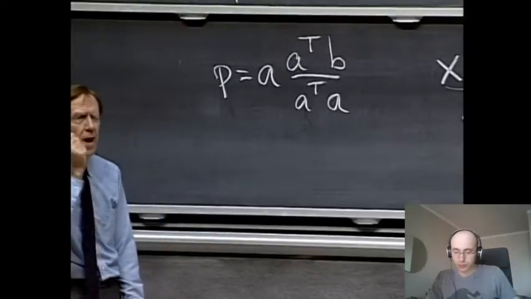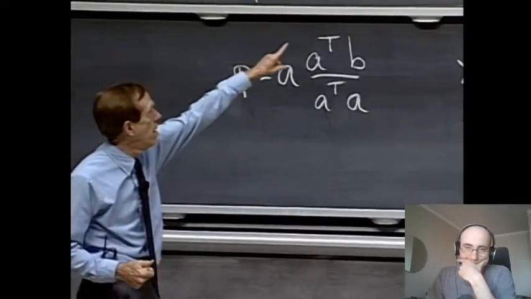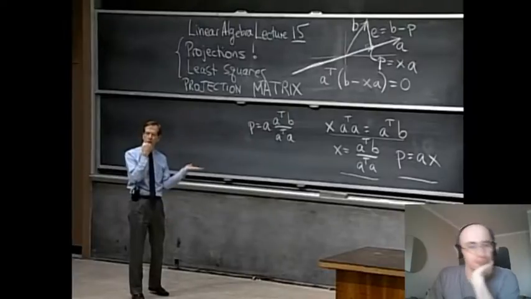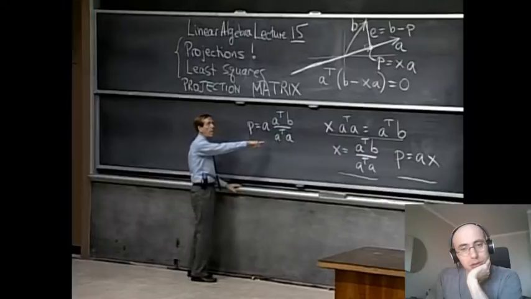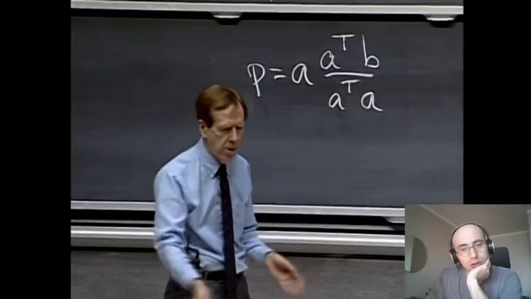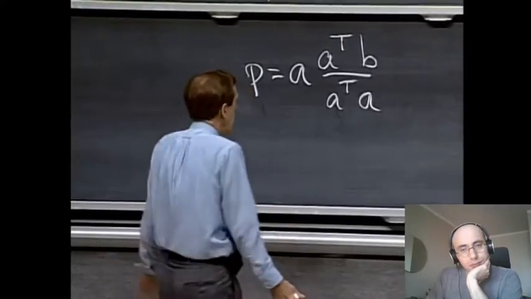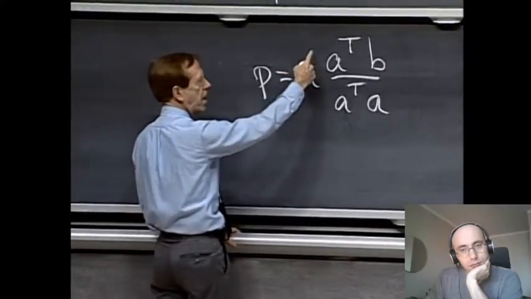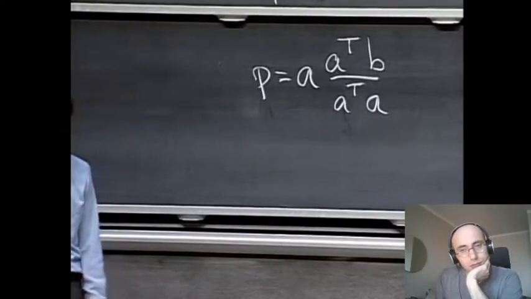Now, what about if I double A? What if I double the vector A that I'm projecting onto? What changes? Nothing. The projection doesn't change at all, because the line didn't change. If I double A or I take minus A, it's still that same line. The projection's still in the same place. And of course, if I double A, I get a 4 up above, and I get an extra 4 below. They cancel out, and the projection is the same.